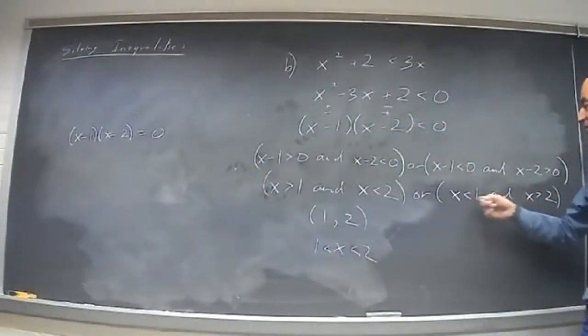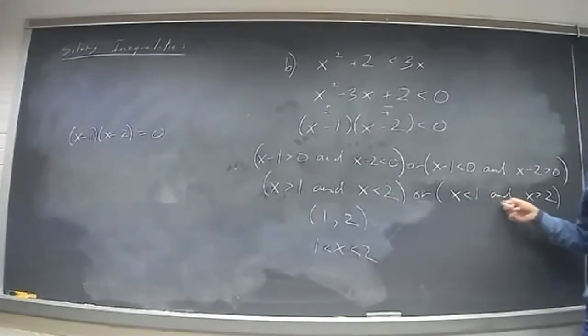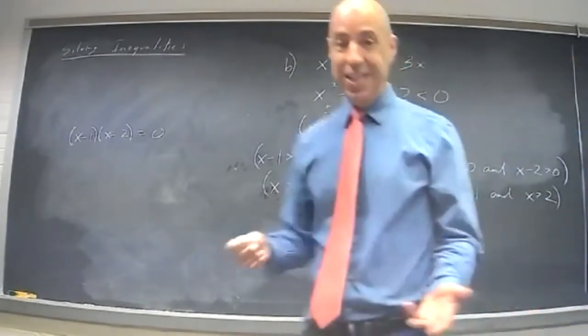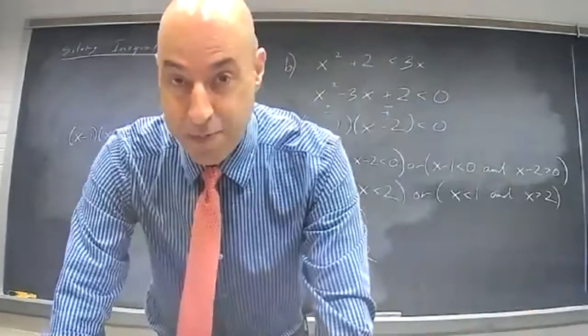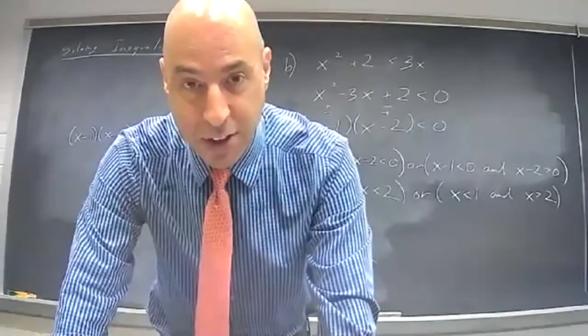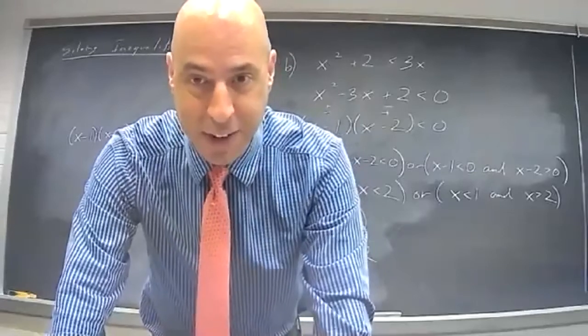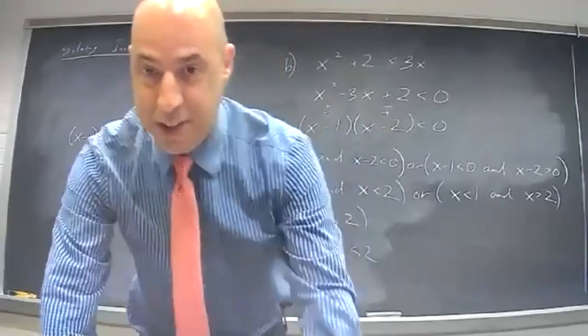This set of parentheses says you want all the numbers which are simultaneously, I have an and here, less than 1 and bigger than 2. Are there any numbers that are less than 1 and also bigger than 2? No, there aren't any, right? If a number is less than 1, it's definitely not bigger than 2.